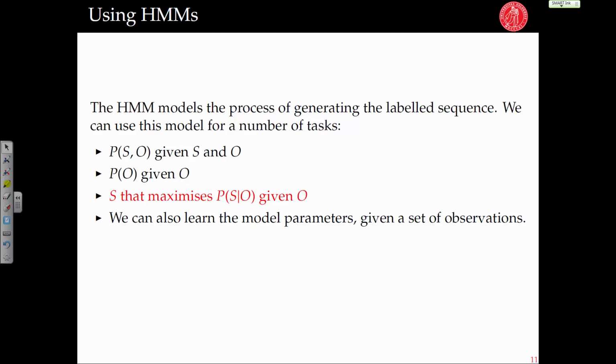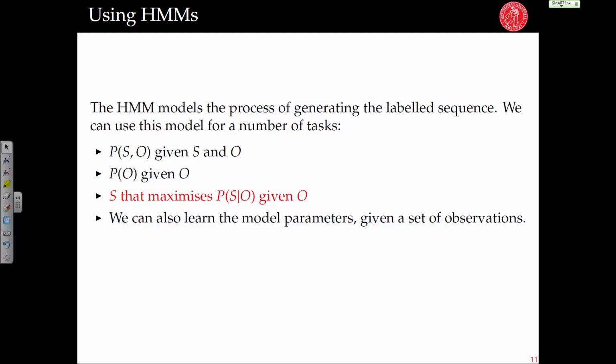But before we can do these things, we will actually need to learn the parameters of HMMs. When I say parameters, I'm referring to transition probabilities and emission probabilities. How do we learn these? That's something we will look at. But this is something that we need to do before we start working with it. It's similar to what we have done in n-grams.